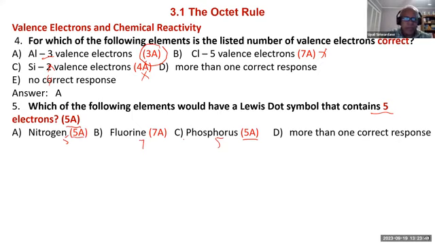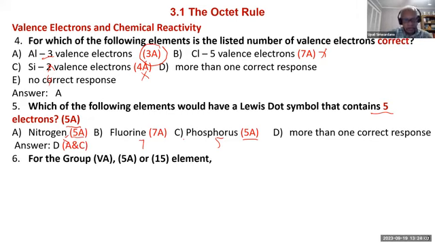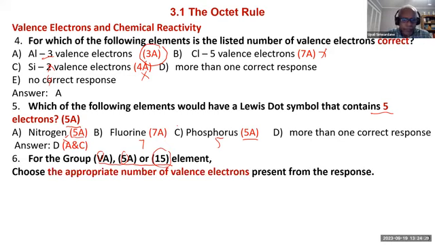Therefore, the answer should be both A and D. That's how you get the valence electron numbers. Sometimes we list group numbers in a different form, with a Roman numeral, a normal number, or just without letters, 15 or so, represents group 5A. Group 5A has 5 valence electrons.